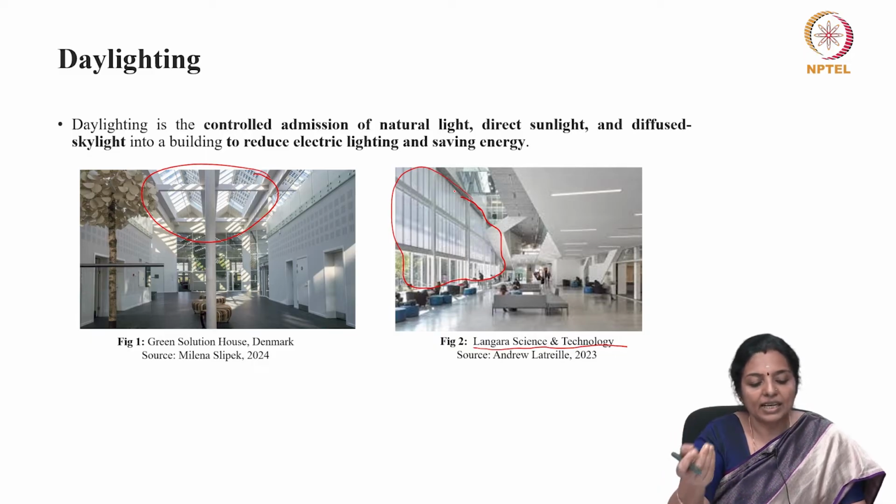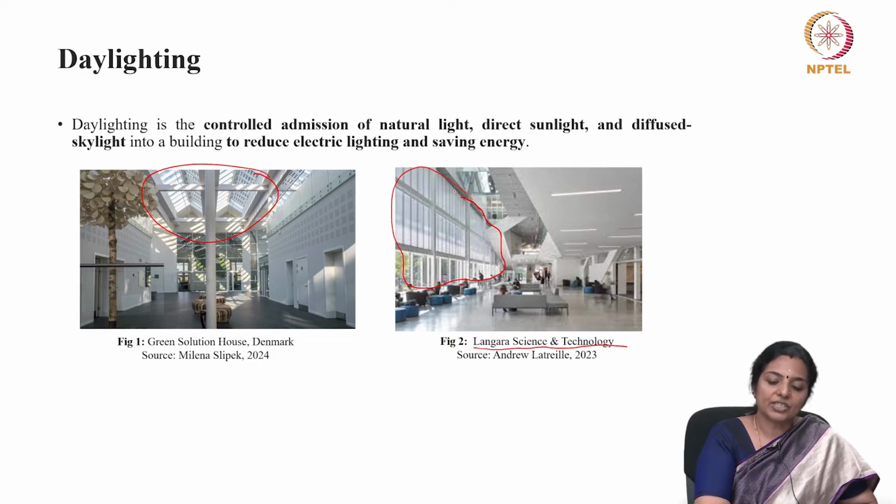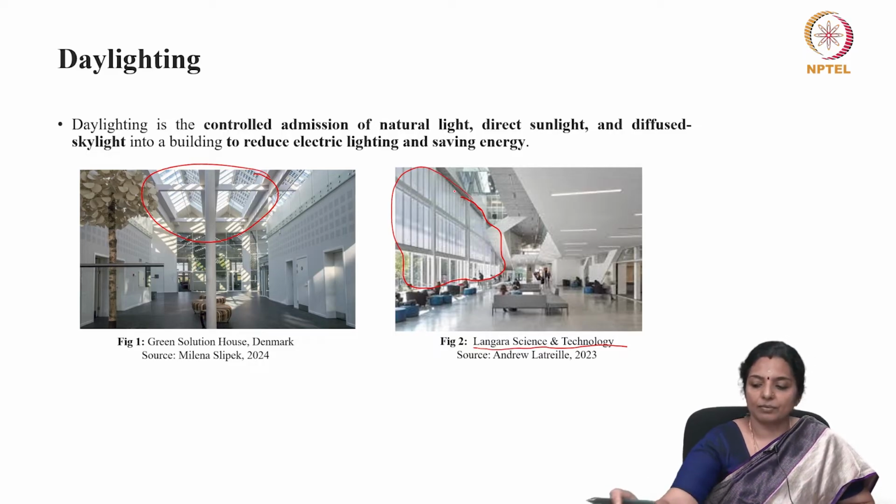So, daylighting is actually the controlled admission of natural light, direct sunlight, and diffused skylight into the building to reduce electric lighting and in order to save energy.